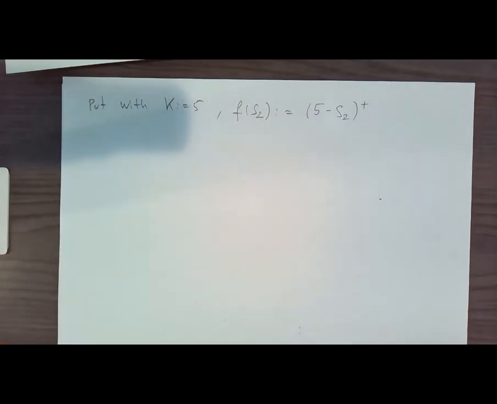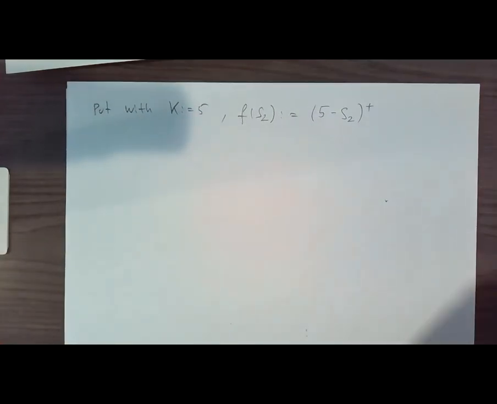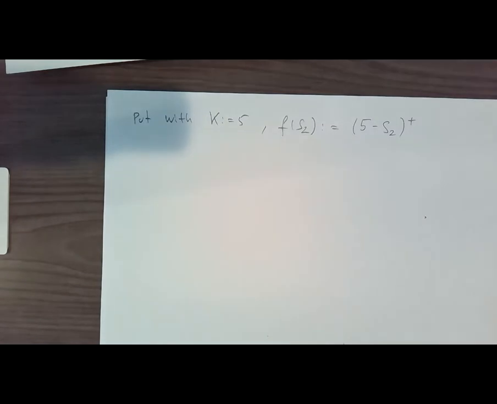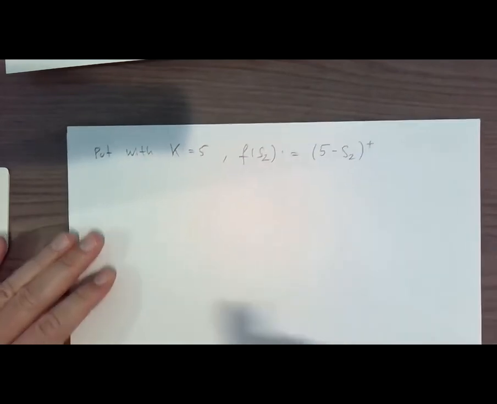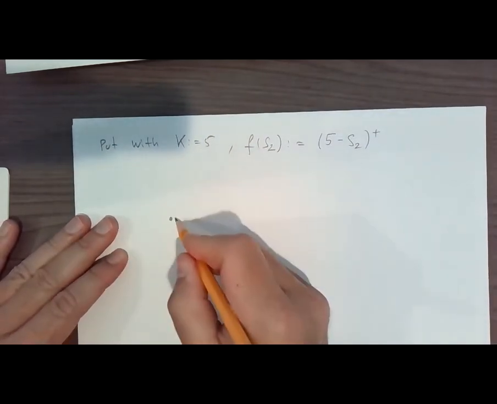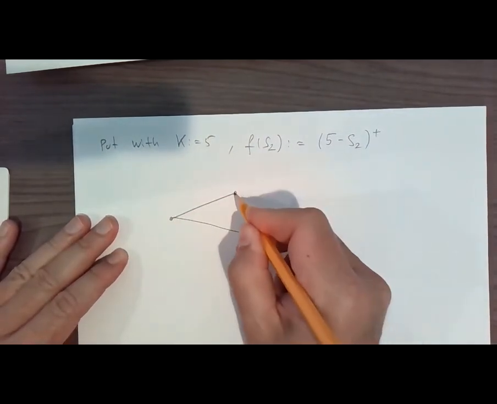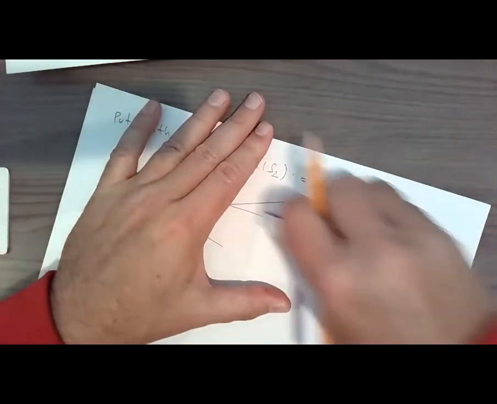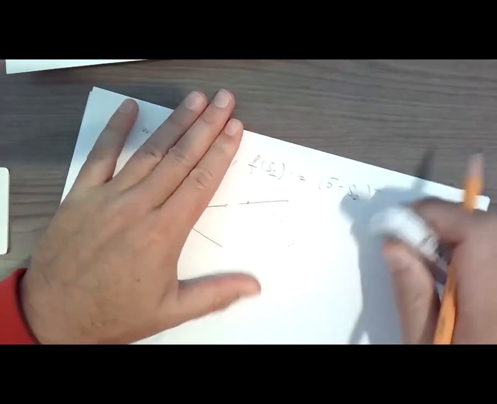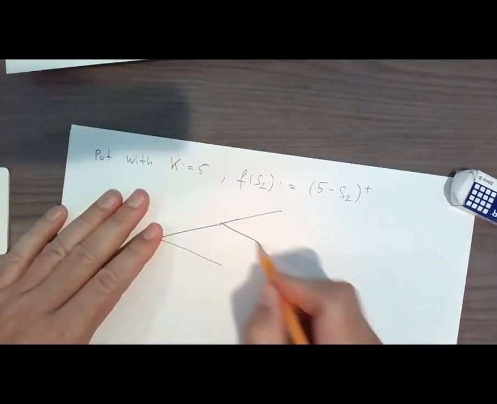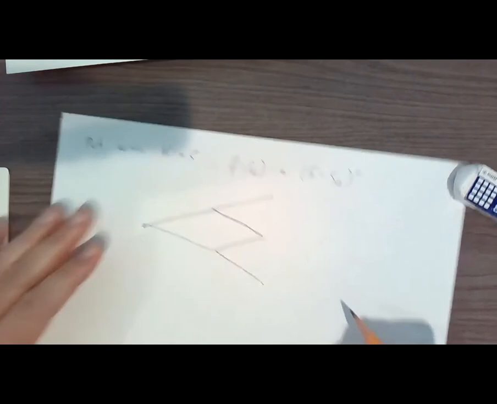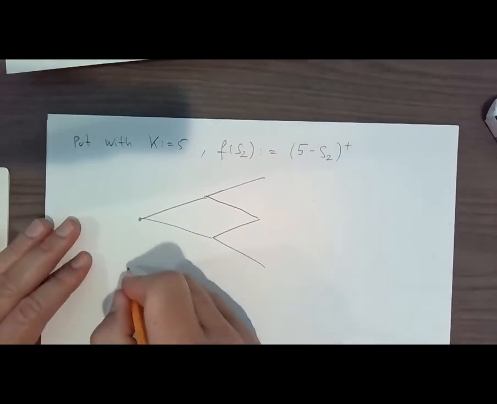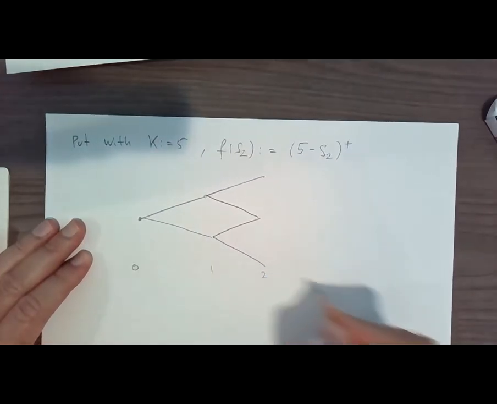So we need to go about trying to figure out what the price is. Well, let's look at the payoff. So we're redrawing the tree. Here's time 0, time 1, time 2.